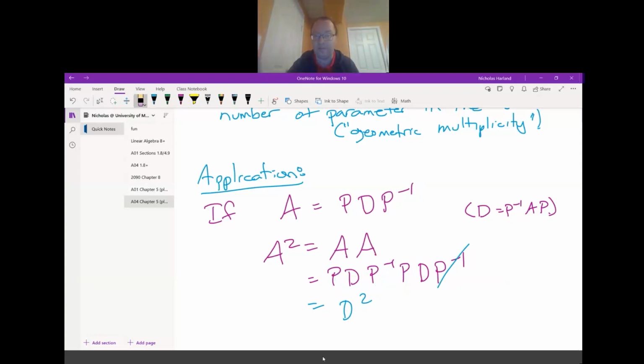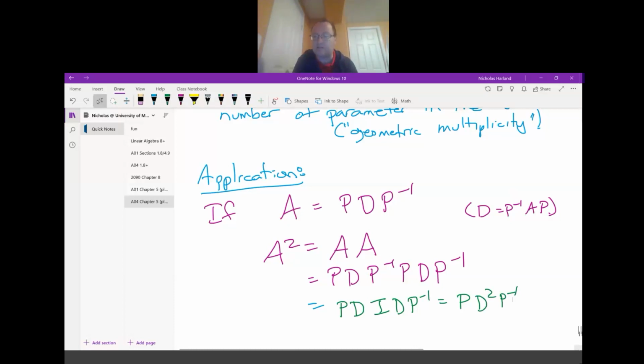A couple of these do cancel, but not quite as many as we'd like. Which two cancel? Right, the middle ones, because what is P inverse times P? That's equal to I times D times P inverse. Multiplying by I doesn't matter, so we're left with D squared P inverse.